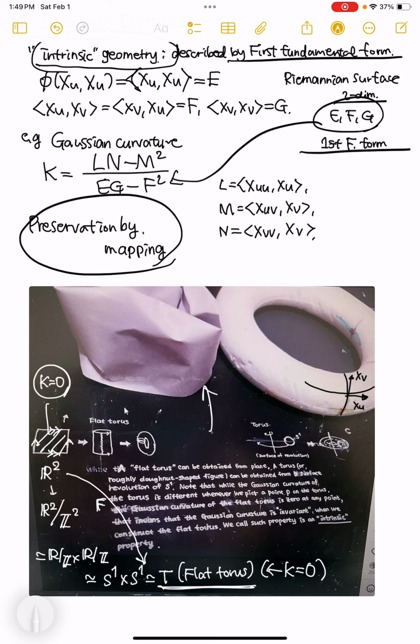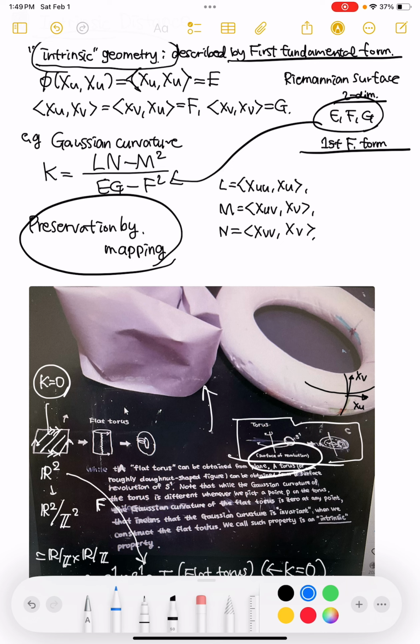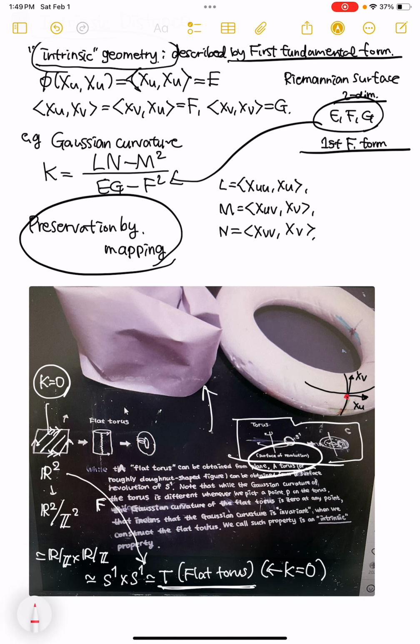Note that unlike a torus obtained by a surface of revolution, which has nonzero curvature everywhere, that torus has different signs depending on where the point is. For example, at that point the curvature is 0.